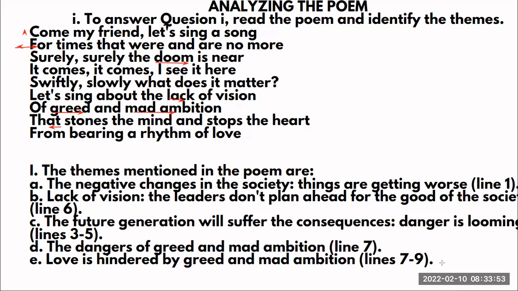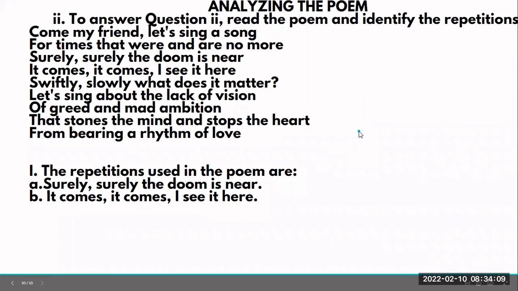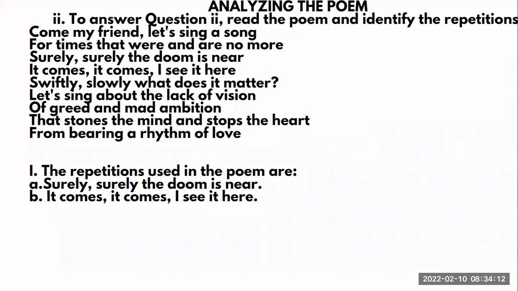All right, so let me undo the marks so that we won't carry the marks over. Okay, so having done that, let's now quickly move on. Now, question II is asking you to bring out the repetitions in the poem. So repetition is one of the poetic devices, all right?